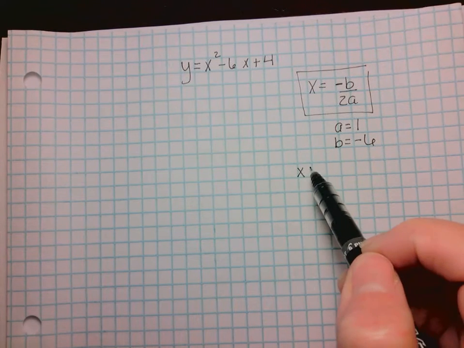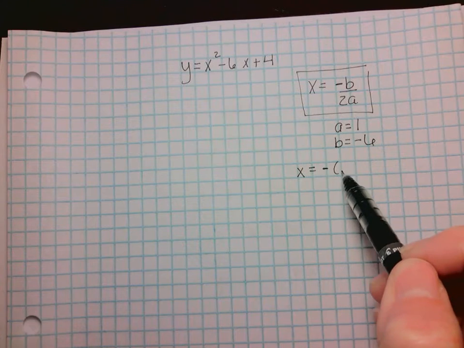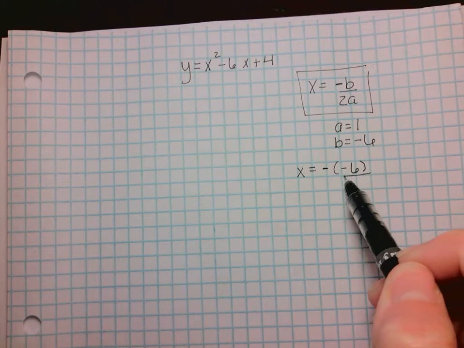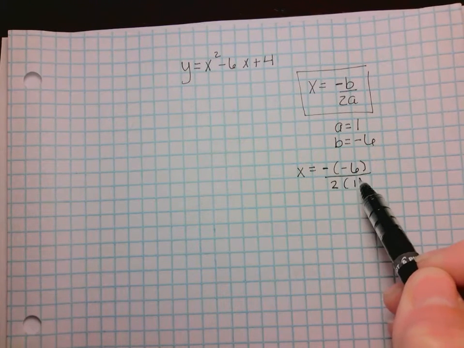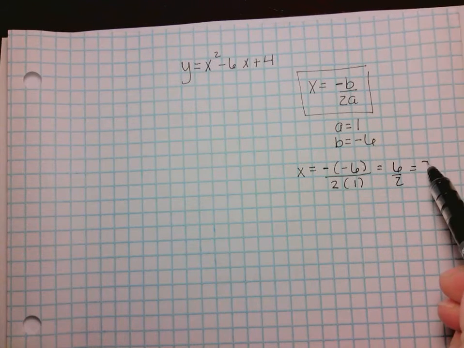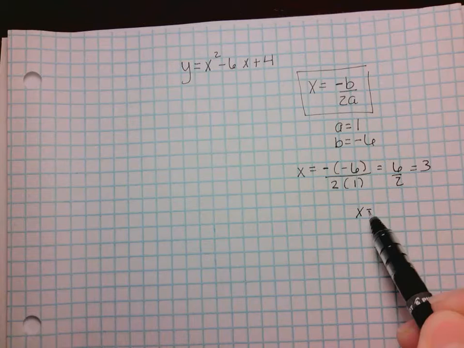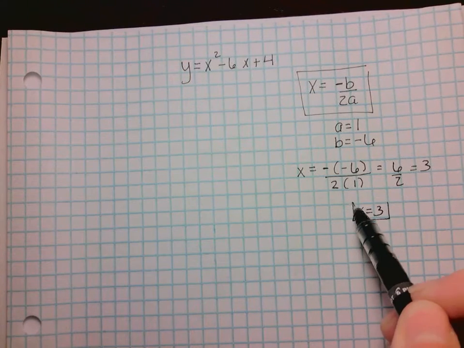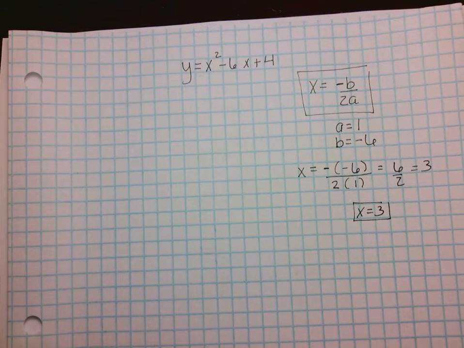I take that and I plug that into the equation. And I find that the equation for the axis of symmetry is x equals 3. So that means the x coordinate of my vertex is also at x equals 3.